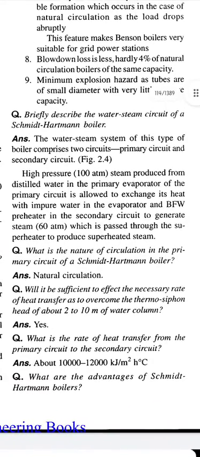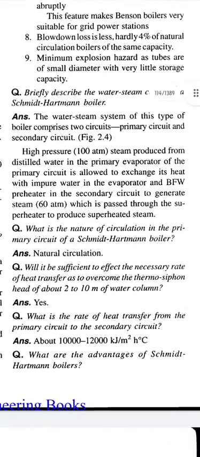High pressure, 100 atmosphere pressure, steam produced from distilled water in the primary evaporator of the primary circuit is allowed to exchange its heat with impure water in the evaporator and boiler feed water preheater in the secondary circuit to generate steam at 60 atmosphere pressure, which is passed through the superheater to produce superheated steam.